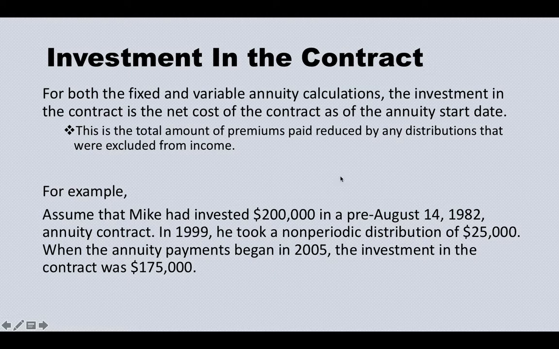See, he put $200,000 in, then took a lump sum distribution of $25,000. So the rest left is $175,000. You would use the $175,000 to calculate the exclusion amount, right? So that's just something you need to know.